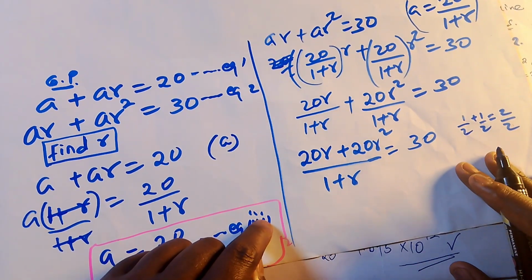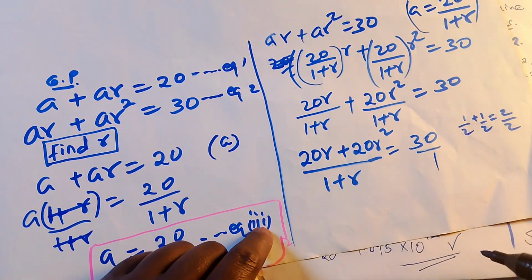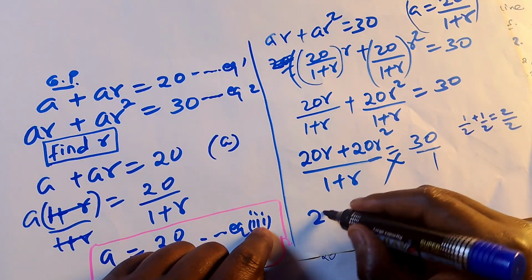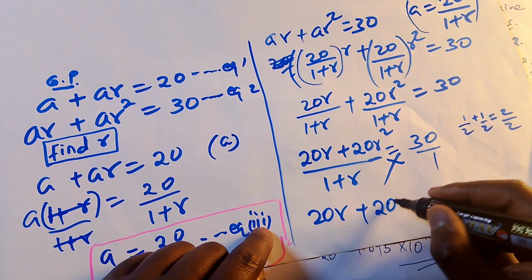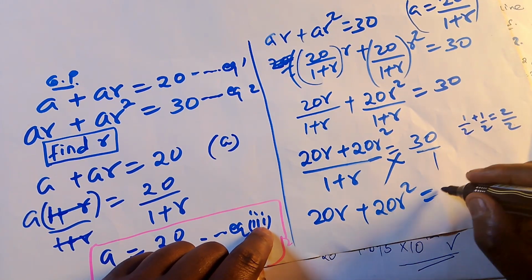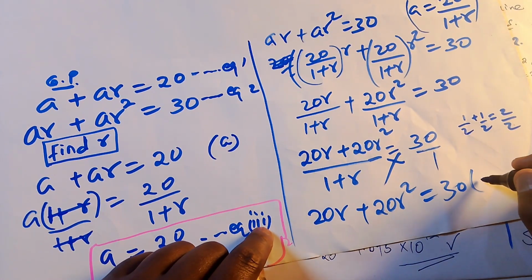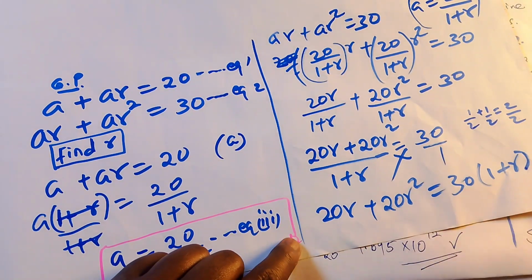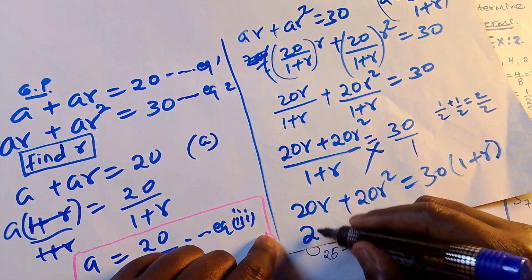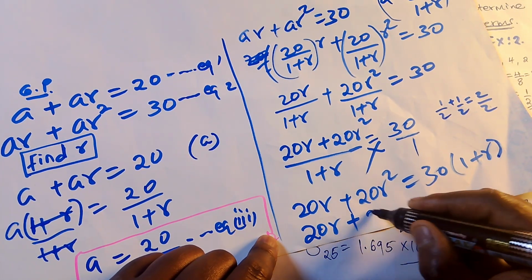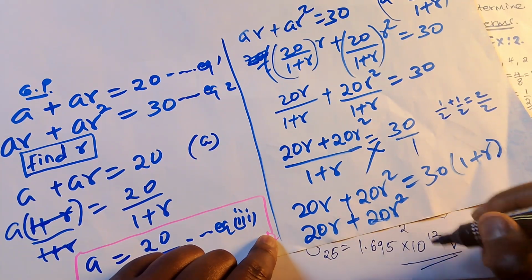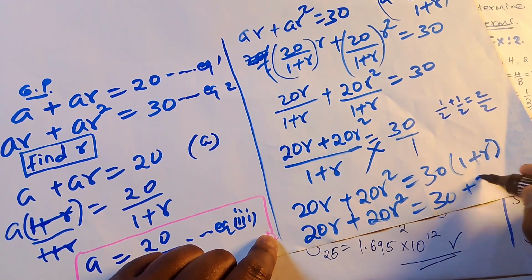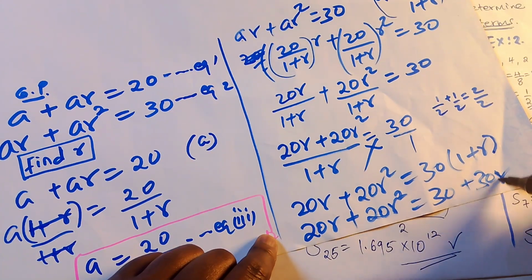At that point, we can cross multiply. This one is over 1. When we cross multiply, we get 20r plus 20r squared is equal to 30 into bracket 1 plus r, which gives 20r plus 20r squared is equal to 30 plus 30r.